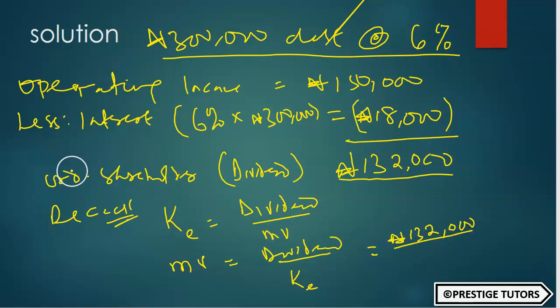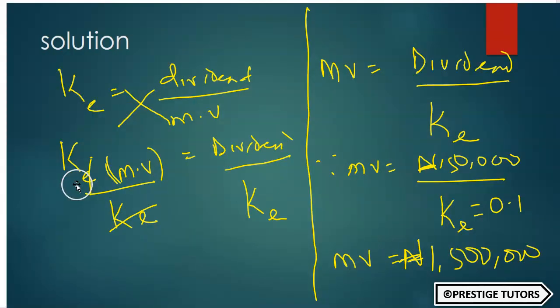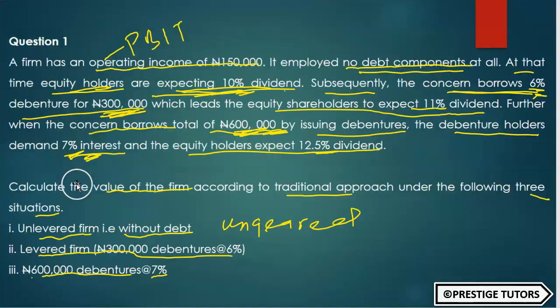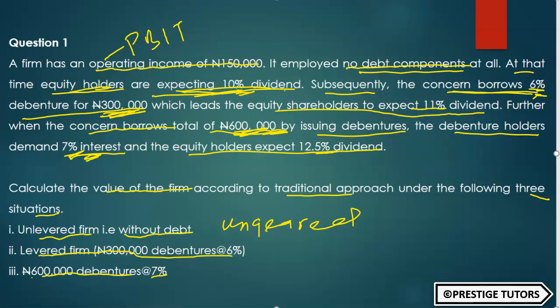Now what is the cost of equity? At this point the ordinary shareholders requested 11% dividend. That means 11% cost on their fund.